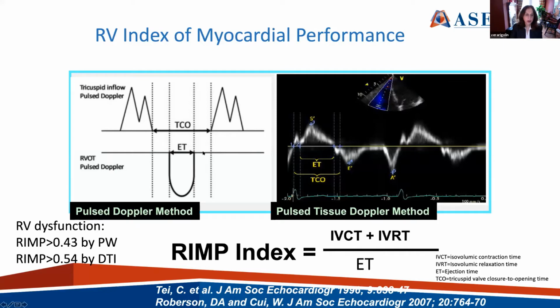Those parameters are calculated again either using pulsed wave Doppler or using tissue Doppler. The numbers to remember are a value greater than 0.43 by PW Doppler, or a value greater than 0.4 by tissue Doppler, which suggests the presence of RV dysfunction.